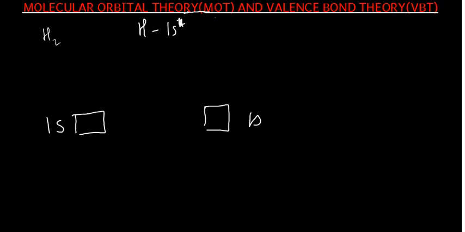So each of these are hydrogens. These are atomic orbitals on that side, and another atomic orbital this side. When they come together, there will be a molecular orbital on top, and a molecular orbital down.